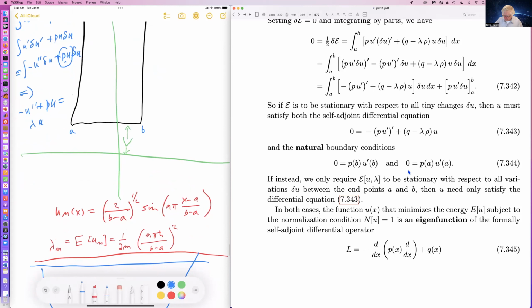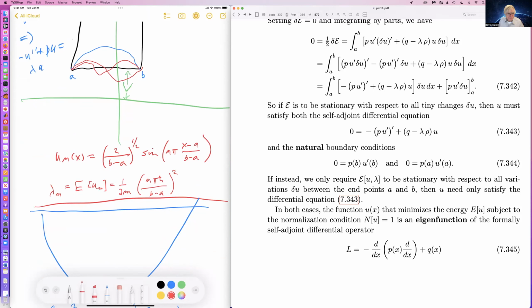And then the conditions here are that the wave function should vanish at a and b, and the other ones also vanish at a and b.